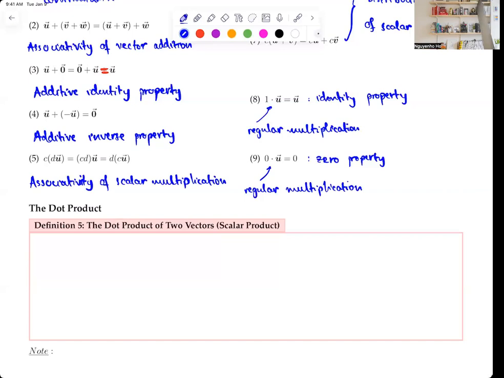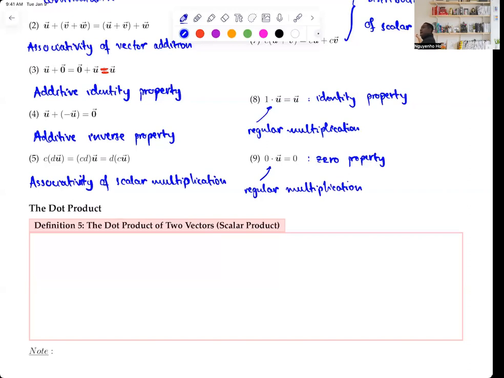I have another typo here, but bear with me. I'm going to explain it before we make the change. Let's say u is a three-dimensional vector, so you have u1, u2, u3, with zero in front. This is regular multiplication. So when you calculate this type of multiplication, you just do 0 times u1, 0 times u2, and 0 times u3.